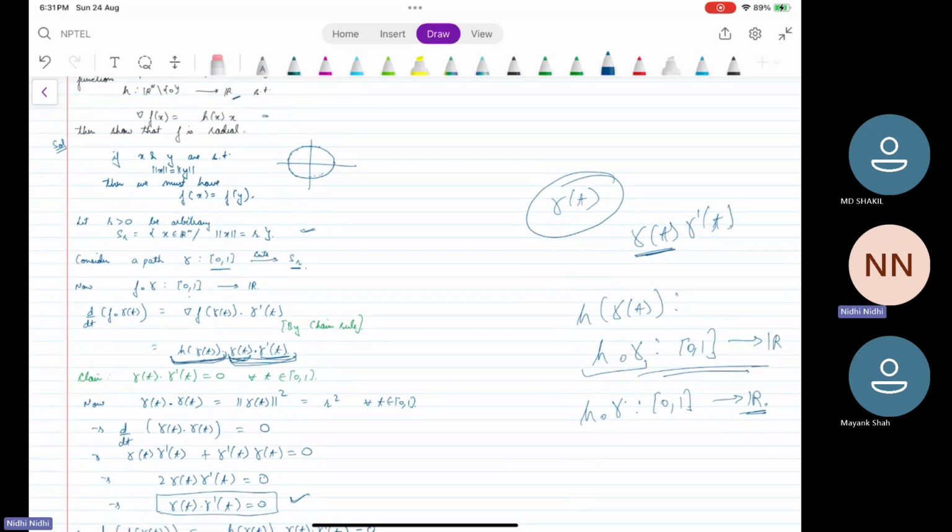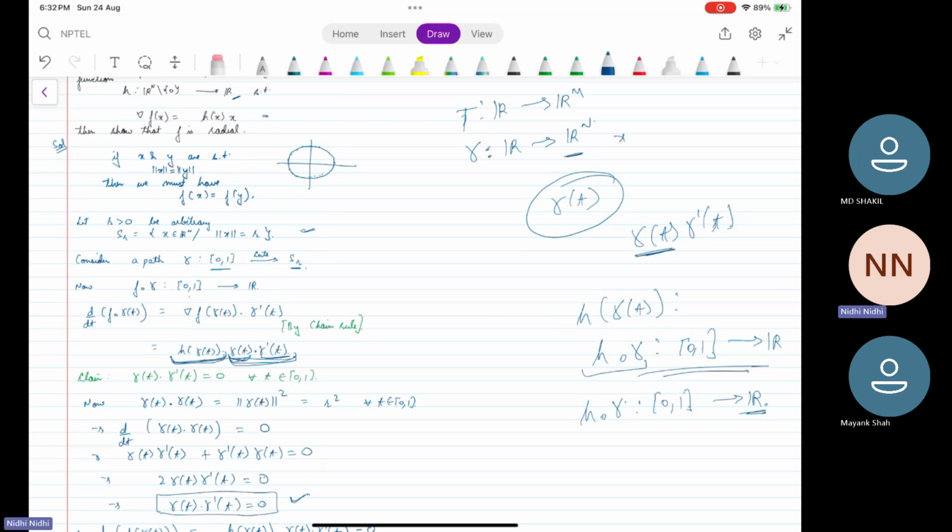When f is from R^n to R^m, we can write the linear map as a matrix. And when we have just R, in that case, that matrix will be a vector. Gamma dash t will be something of that form, because gamma is basically from R to R^n, some subset of R^n.